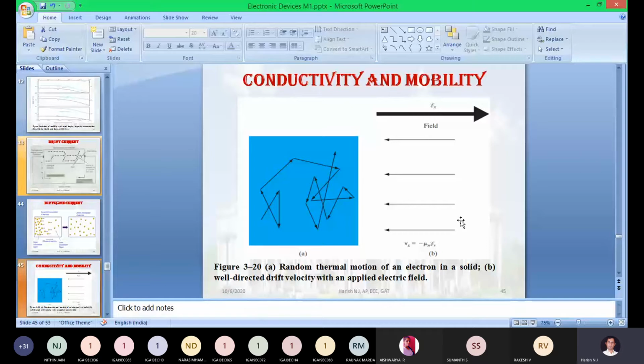With the help of the velocity, we are going to define the current density of the piece of semiconducting material produced by the electron. Once we know the current density, using the same equation, we are going to calculate the conductivity and mobility of the electron.